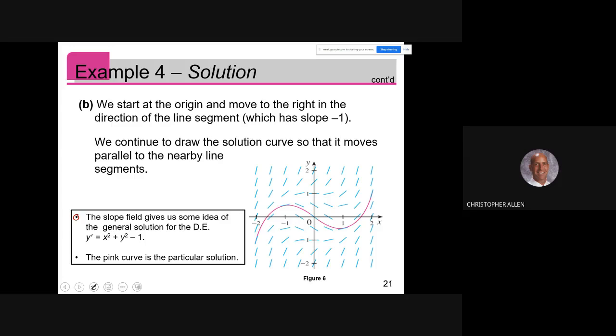All right, so here we are. The slope field gives us some idea of the general solution for this differential equation. It doesn't give us a complete picture, but it at least gives us some idea of where things should be. This pink curve is what we would refer to as the particular solution.